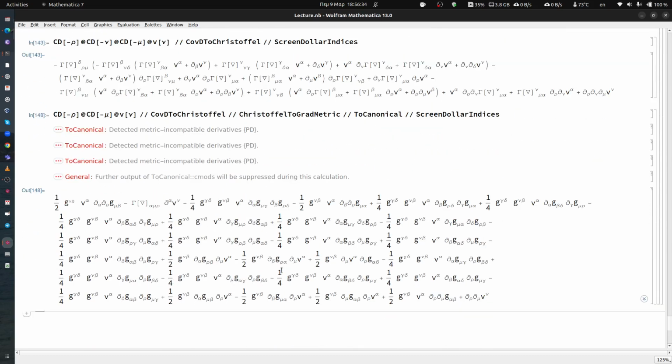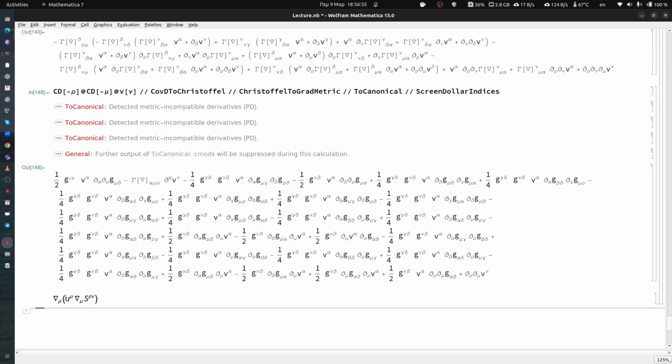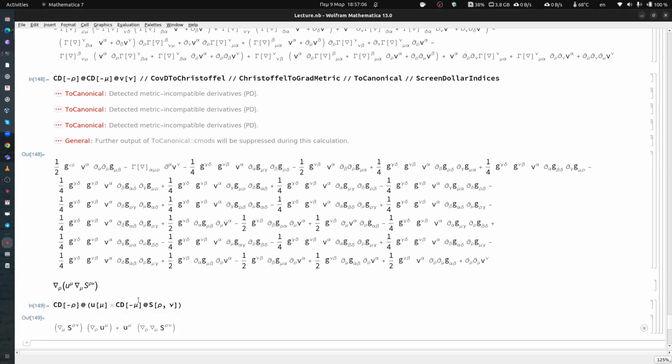And then manipulate the expression to the level that we want. Now this is another example here. Let's compute the derivative of the tensor product of U with the derivative of S. So you see the Leibniz rule is applied.